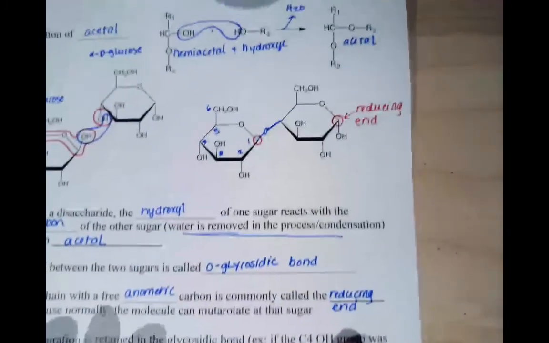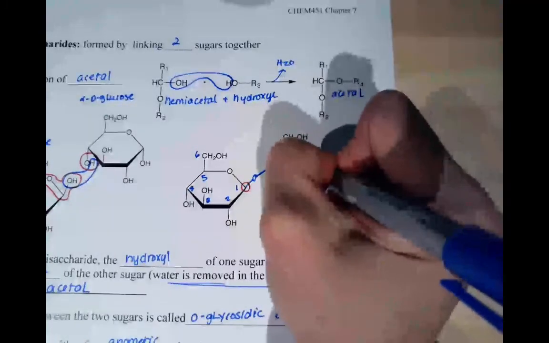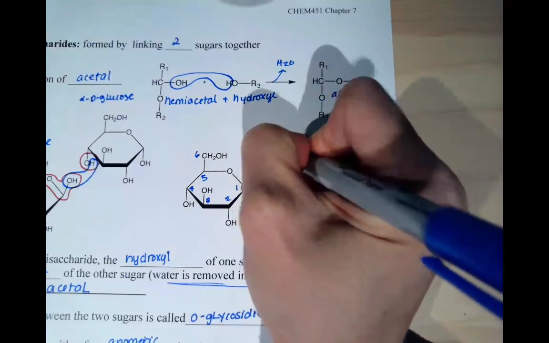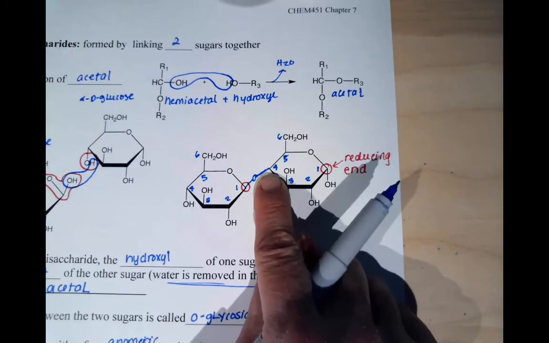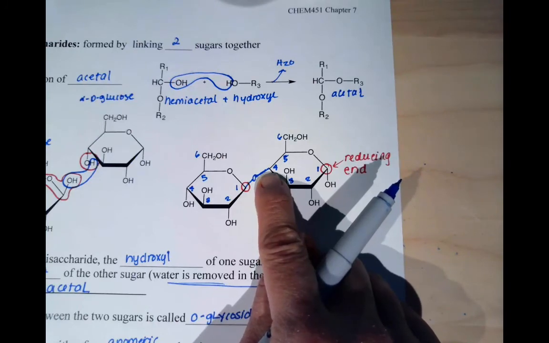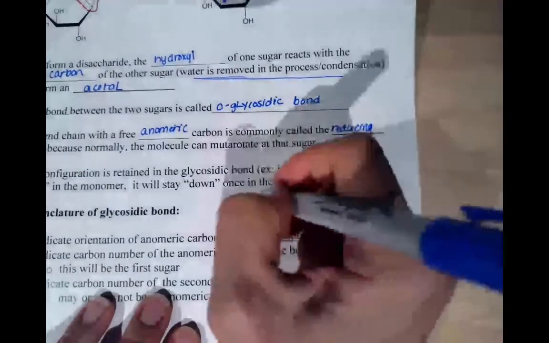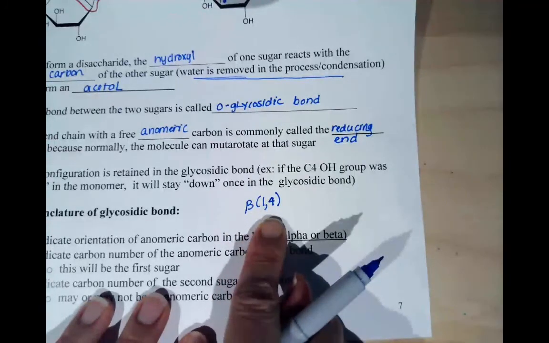So in this case, in our second sugar, this is carbon number 1. So 1, 2, 3, 4, 5, 6. So in this case, it's carbon number 4 that's in the bond, which is also not the anomeric carbon. So we're going to add 4. So it's a beta 1,4 O-glycosidic bond.